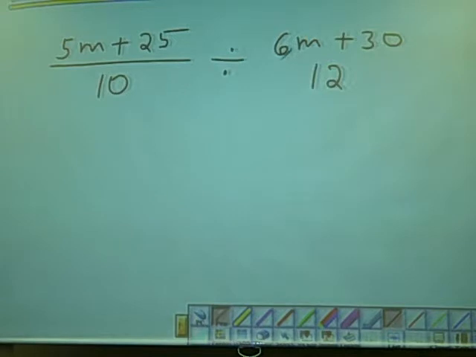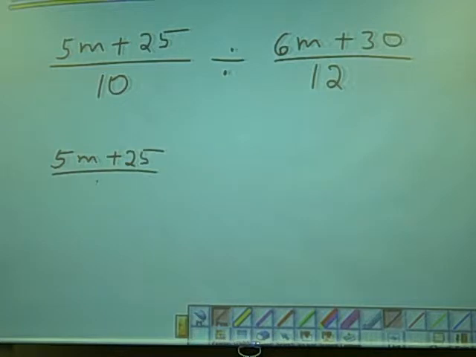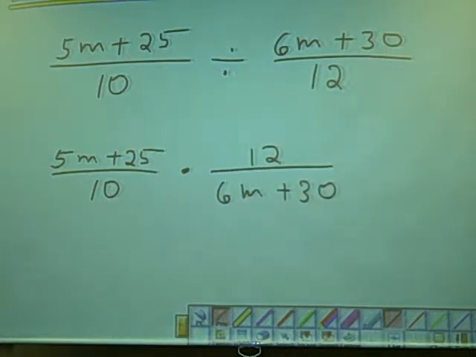Okay, and we want to put a line here. Okay, first thing we want to do is flip and multiply the second term. Okay, so we're just going to rewrite the first one, 5m plus 25 over 10 times. And so the 12 goes in the numerator, the 6m plus 30 goes in the denominator.